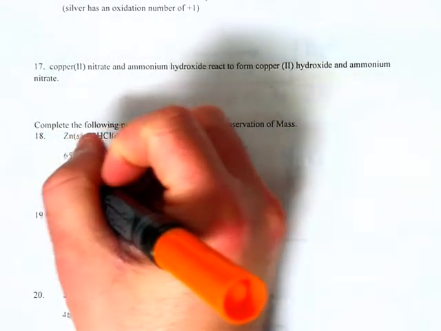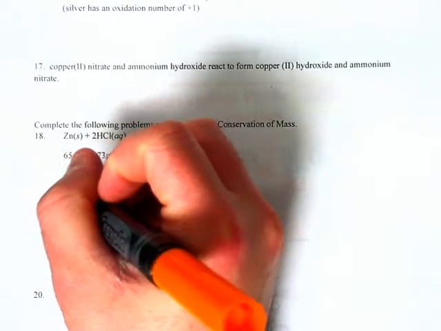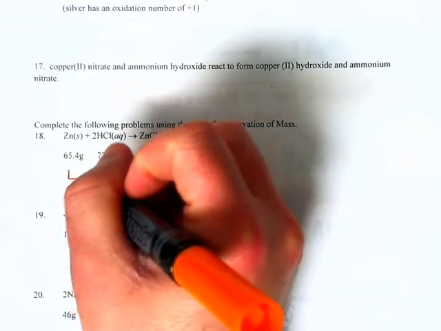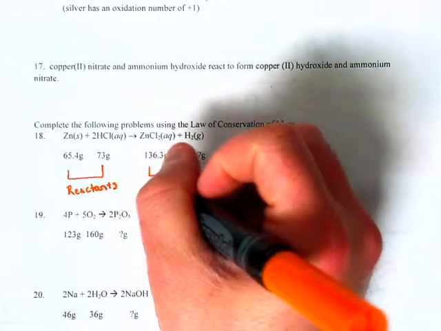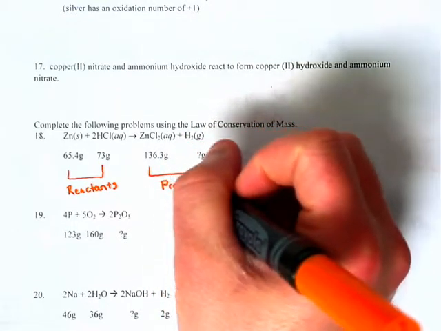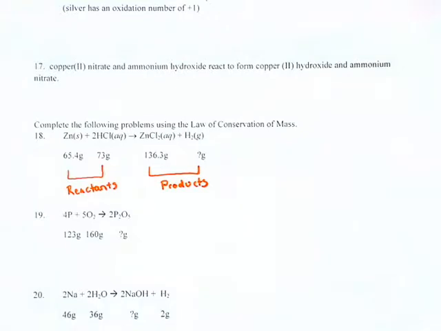You have your 2 reactants right there. And then I've given you 2 products with the ZnCl2 and the H2. Agreed? I'm giving you 2 reactants and 2 products. Question 18. What should their masses be? Equal.